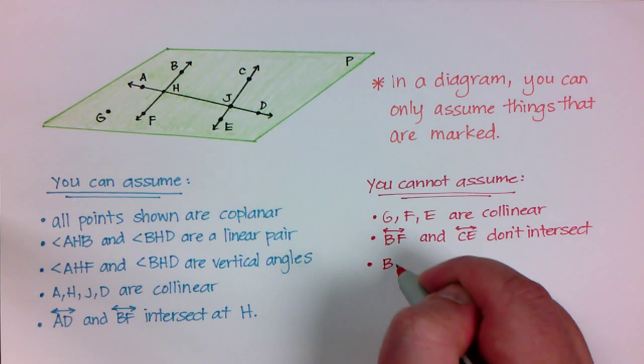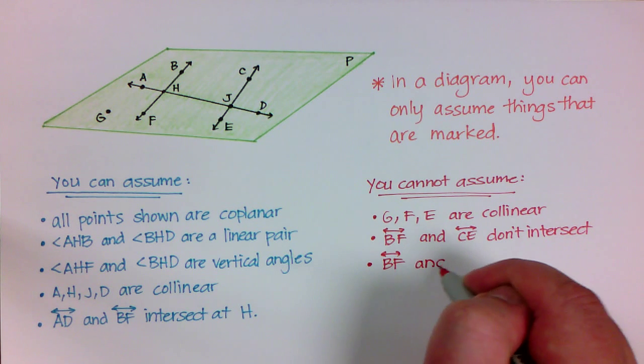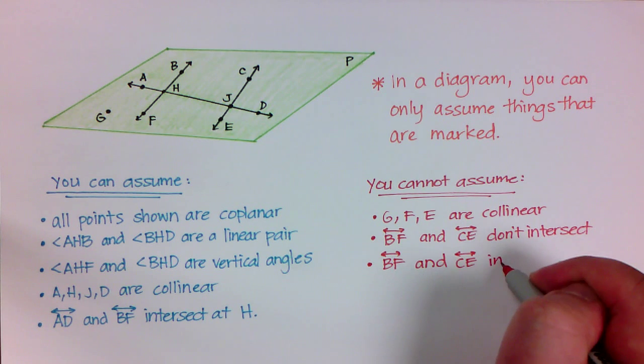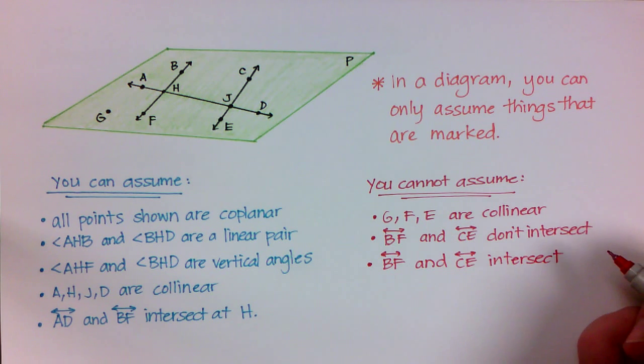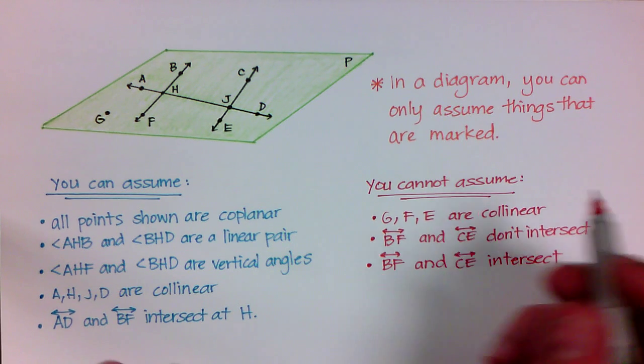But vice versa, I also cannot assume that they do intersect. I have no proof that they either do or do not intersect. The only way that I would have proof is if I could actually see a point in the diagram that shows that they were intersecting.